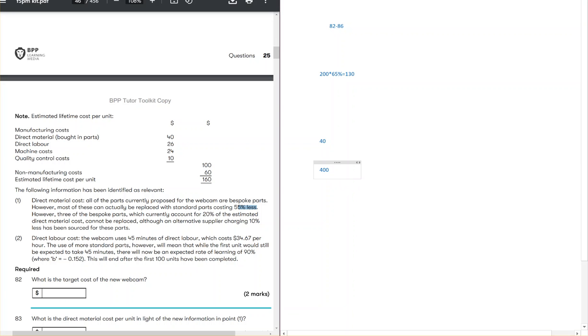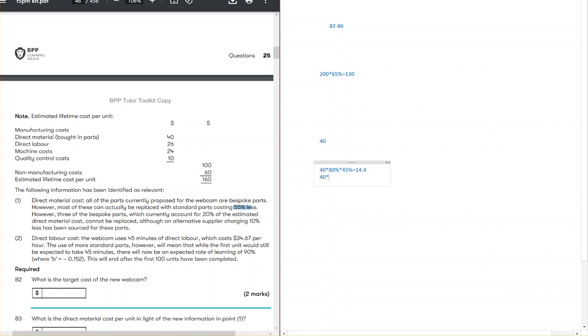Okay, so we have 40 price, 80% can be changed, 20% cannot. So multiply by 80%. For the 80%, we can have 55% less, so 45% of the price. So 80% of the 40 can be bought at 45% price, which would give us 14.4.